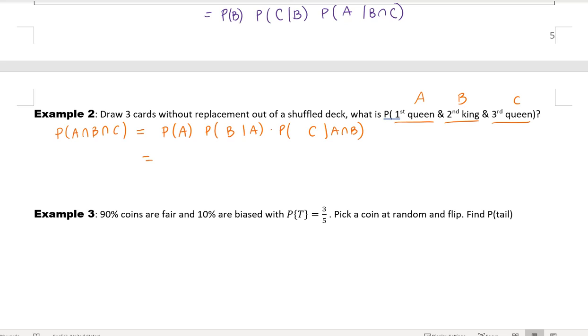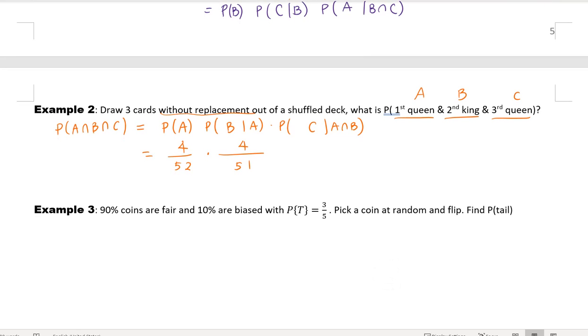P of A: the first card is a queen. How many queens are in the deck? We have 52 cards total and 4 queens. After you draw a queen, because this is sampling without replacement, there are only 51 cards left. How many kings are there? We have 4 kings.